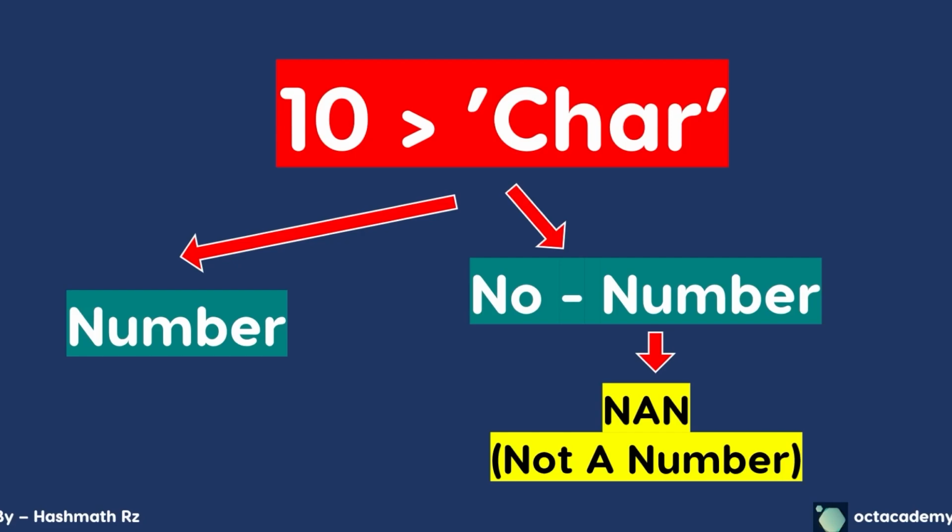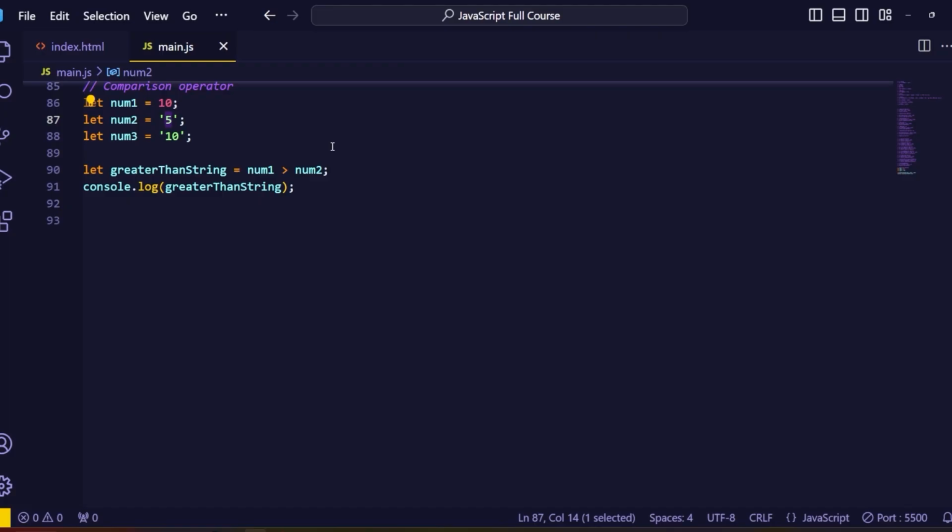This indicates that the conversion cannot be performed because the string does not represent a valid numeric value. So if the conversion failed, the comparison operator will directly return false because there are no two number values to perform this comparison. So let's see an example for this.